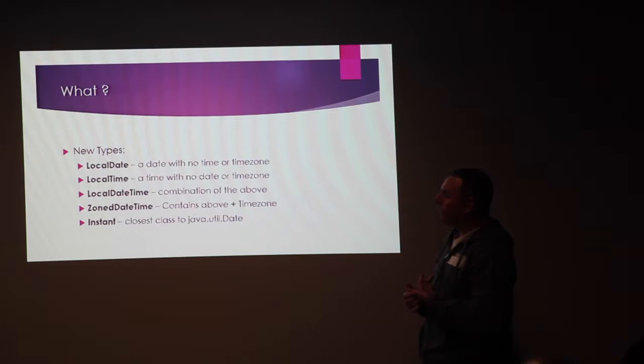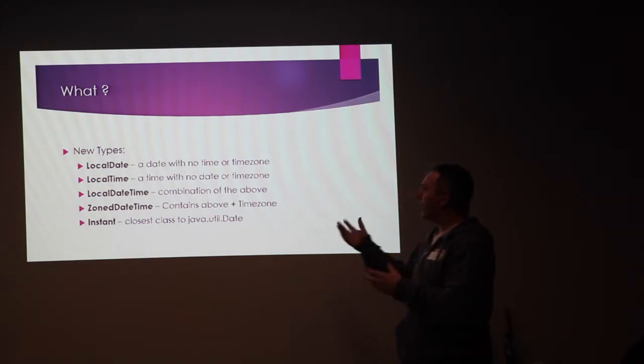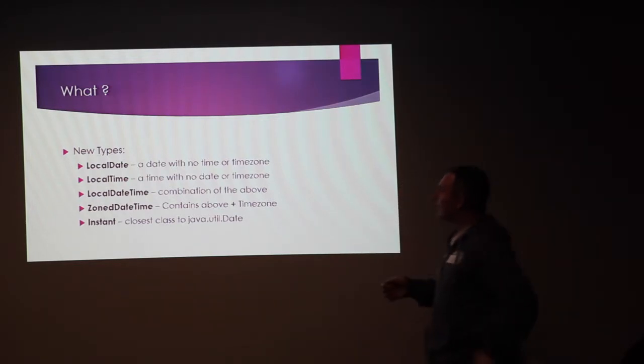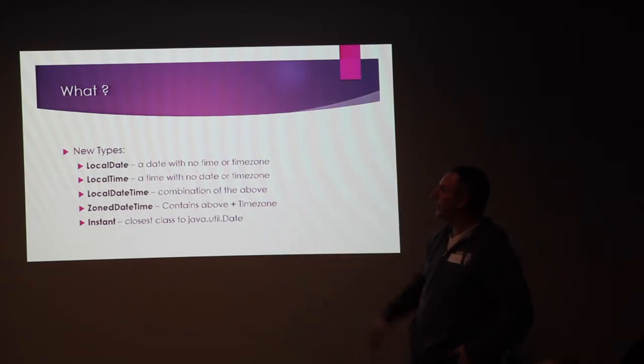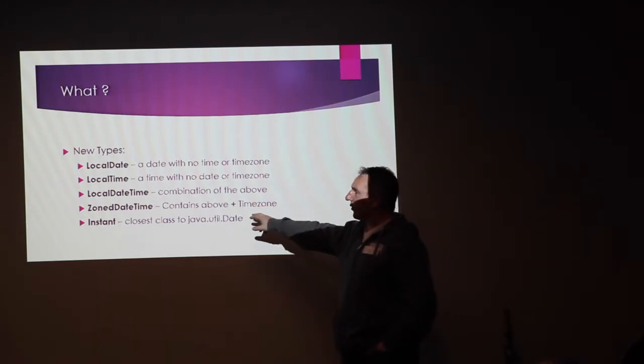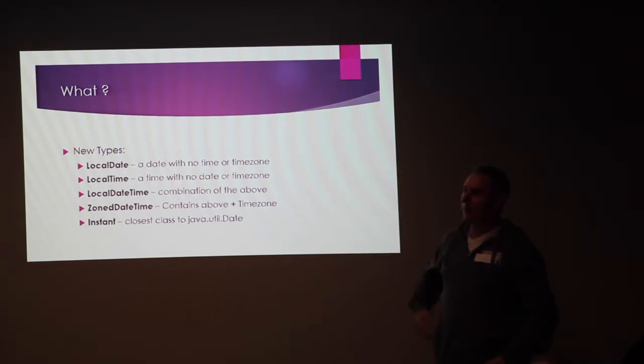We've got LocalTime, and that just stores a time. That's the equivalent of java.util.Time. We've got LocalDateTime, and that's basically a combination of a date and a time, obviously. So LocalDateTime is the closest relative that we have to java.util.Date. We've then got a ZonedDateTime, and the ZonedDateTime starts to include time zones in it as well.